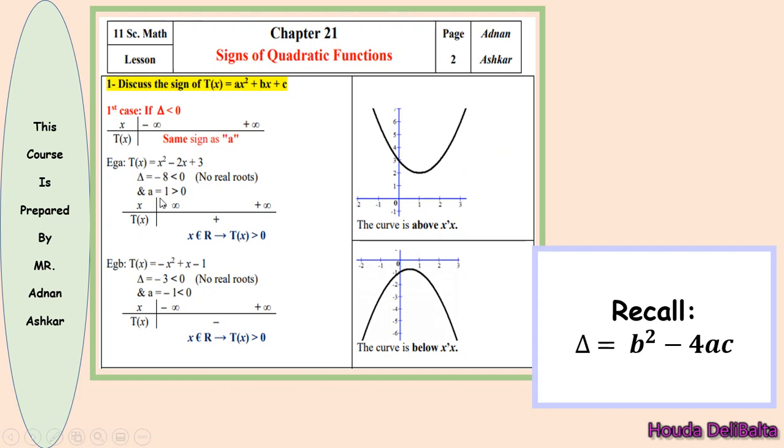Now, what is a and why do we care for a? A is the number multiplied by x squared, the coefficient of x squared, and here it is 1. So a is 1, which is a positive number. Now, let's make a relation between the sign of the function that's written plus here, and a and delta.